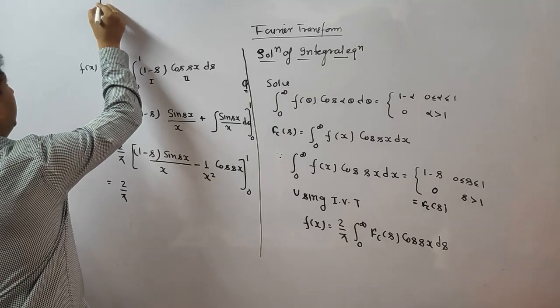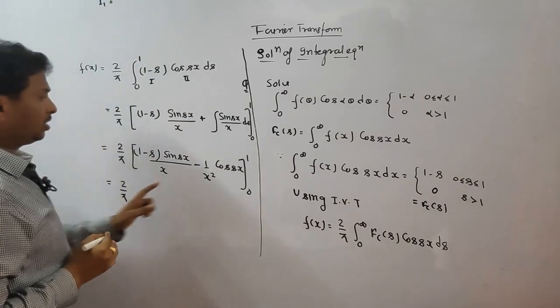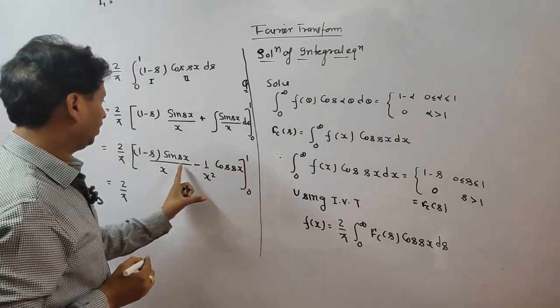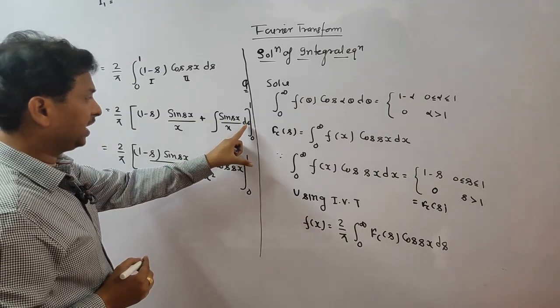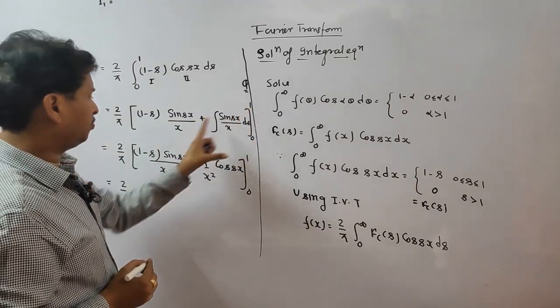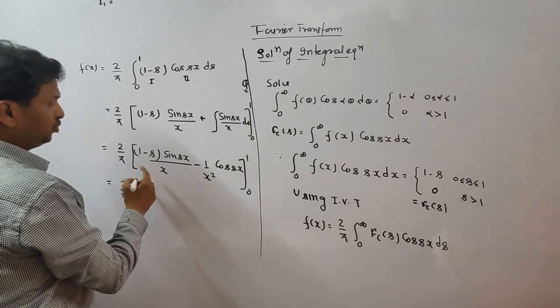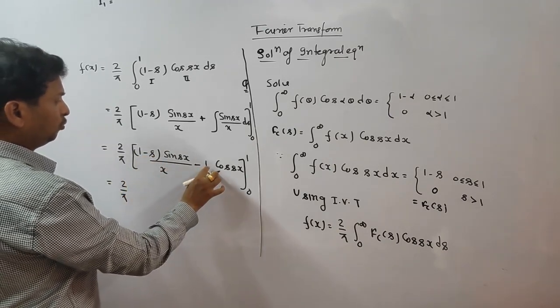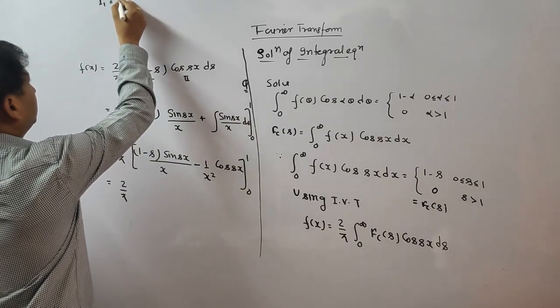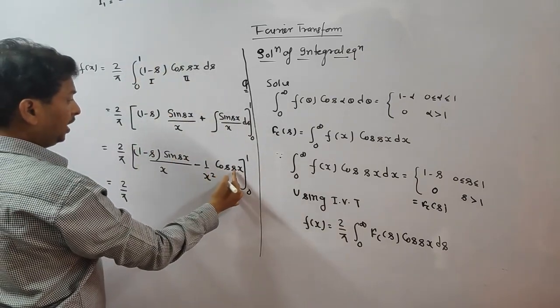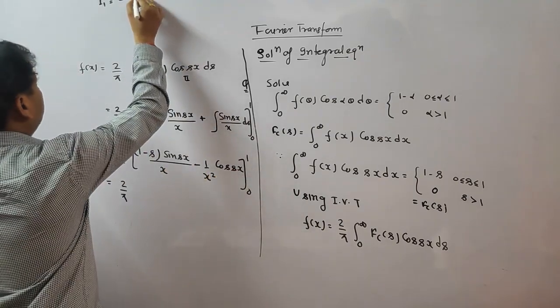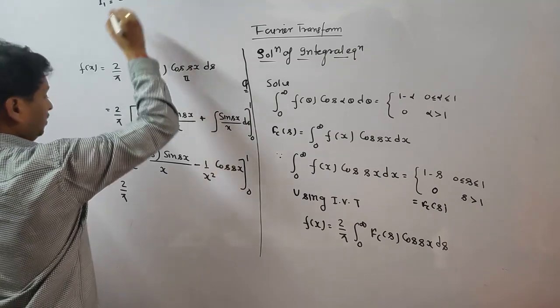What is I1? I1 is nothing but putting the s value 1, because we integrated with respect to s. So when you put 1, 1 minus 1 is 0. This term is going to 0. Minus 1, s value 1 gives minus cos x.